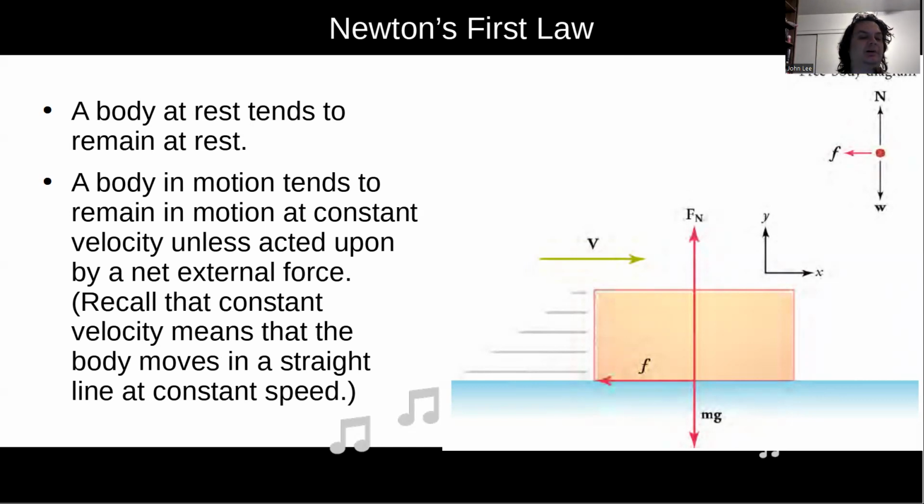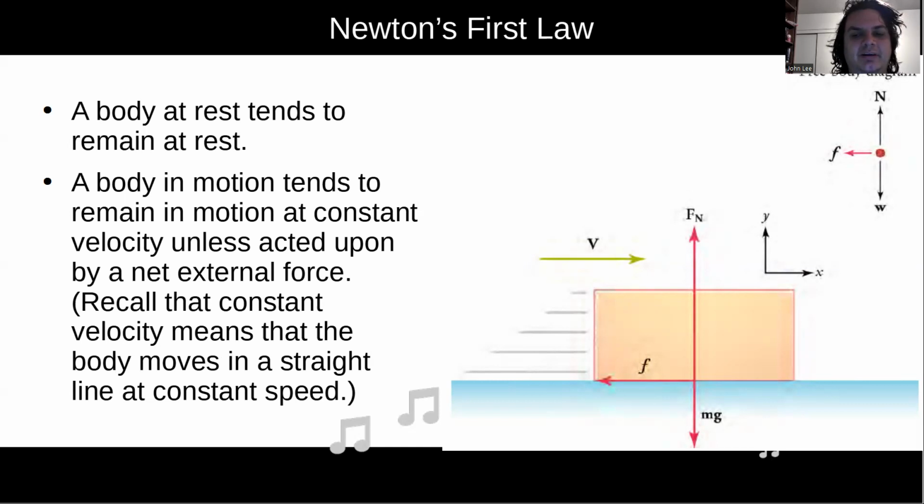So Aristotle made the argument that all objects are going to slow down and return to their state of zero velocity unless acted upon by an outside force, whereas Newton made the argument that they would keep going forever unless acted upon by an outside force. And the one who is right about this is Newton.